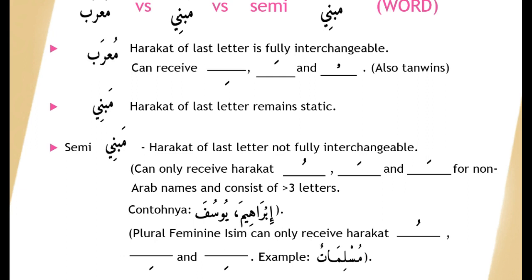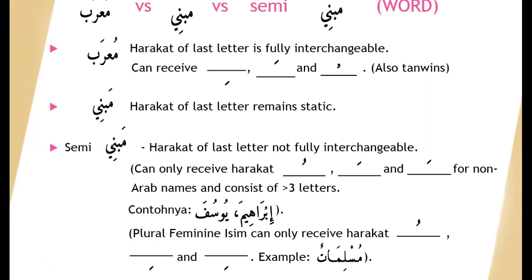These are non-Arab names that consist of more than 3 letters, especially the names of the prophets. As we know, only Muhammad sallallahu alaihi wasallam is an Arab. The other prophets before him are mainly from the Jewish side. Names like Yusuf, Ibrahim, Ishmael, Ishaq are non-Arab names, and they have more than 3 letters, so they would not be able to receive the kasra as the last harakat.